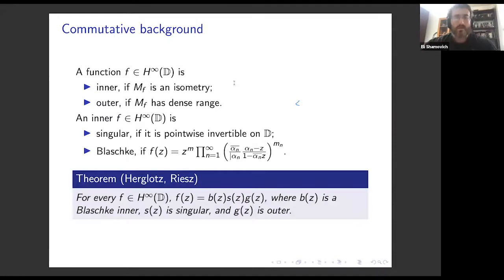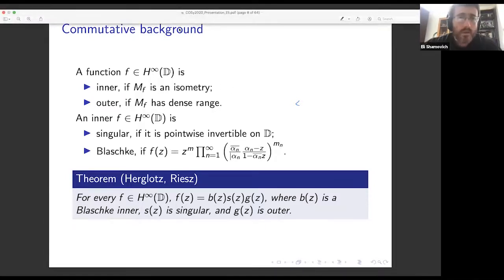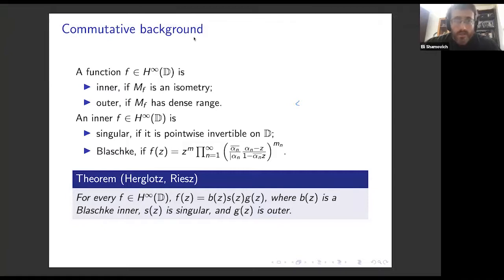The classical result says that every function in H infinity, in fact in H1, has this decomposition as a product of a Blaschke factor, a singular factor, and an outer factor, which is unique up to rescaling by unimodular constants.